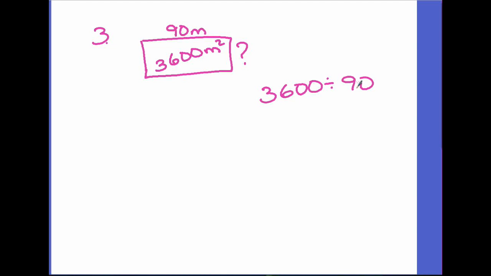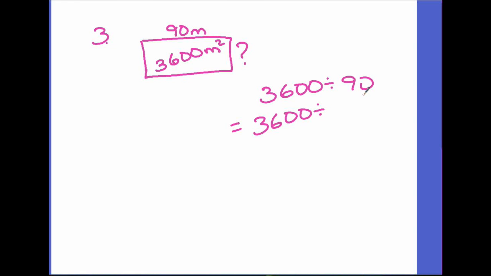You could just do 36 divided by 9. How do you get this number? 9 times what? 9 times 10. So we're going to do the opposite.